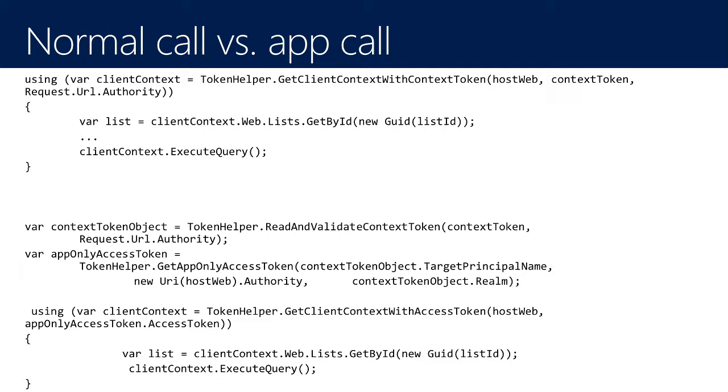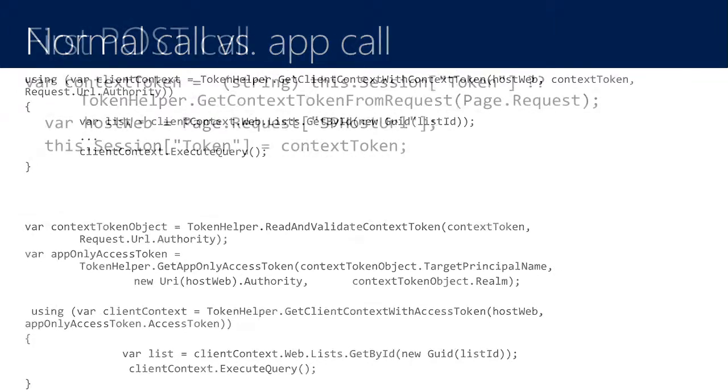This is a normal call you do when you start working with your host web. And these are two different calls, which are a little bit different. But after that, you also have your client context. If you run this under this context, there will be no check of user permissions.